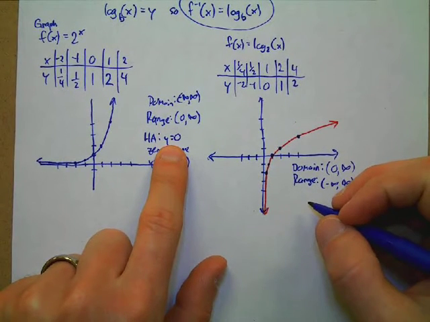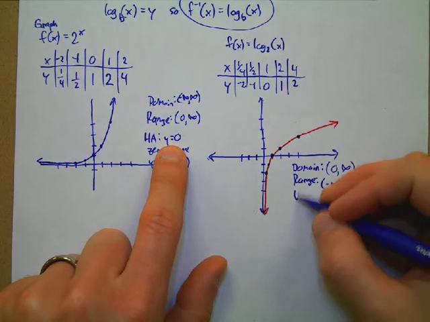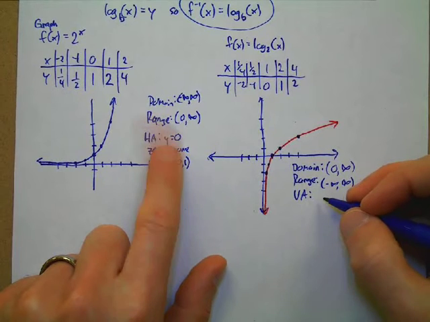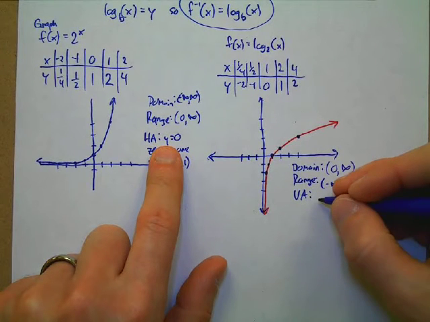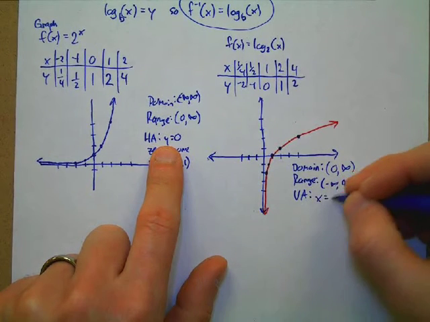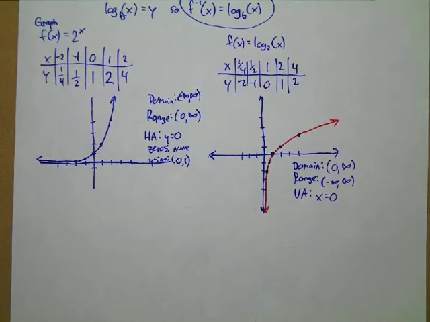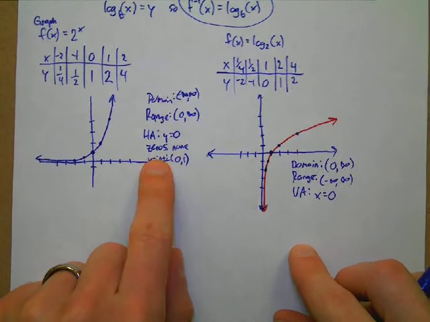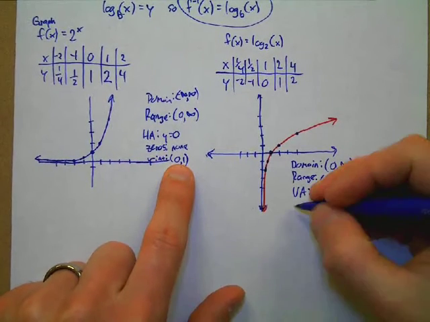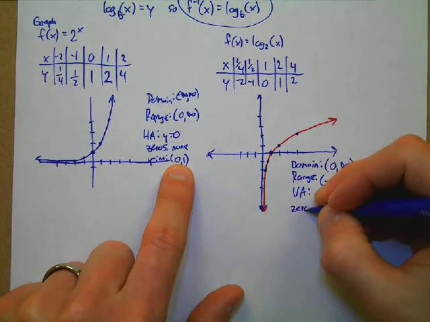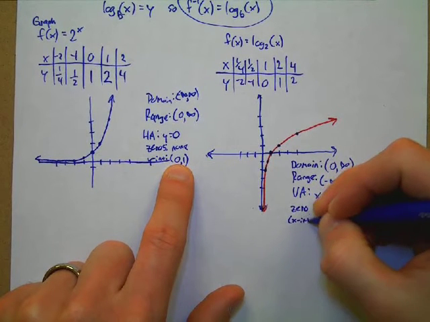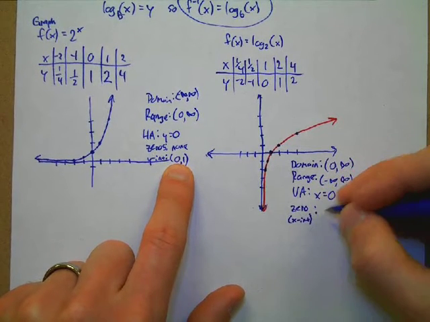All right, which means this horizontal asymptote at y equals 0 is going to become what kind of asymptote now? A vertical asymptote, not at y equals 0, but at x equals 0. And instead of having a y-intercept at 0, 1, we're now going to have an x-intercept at 1, 0.